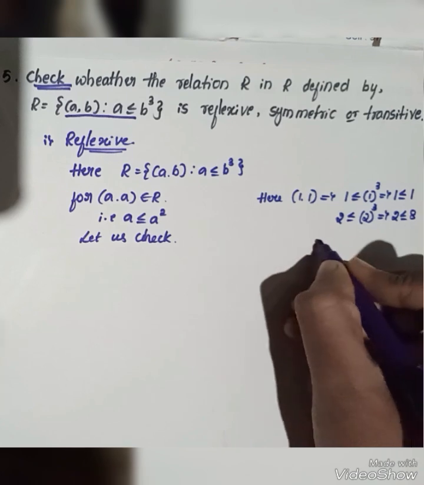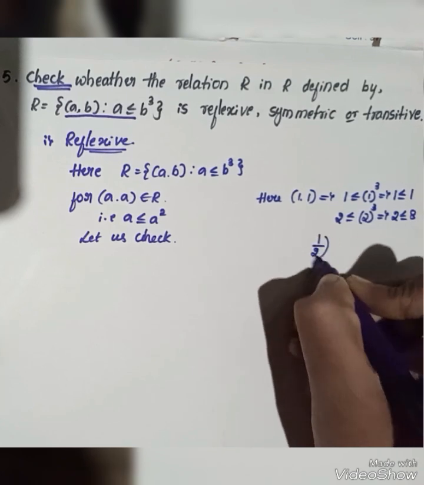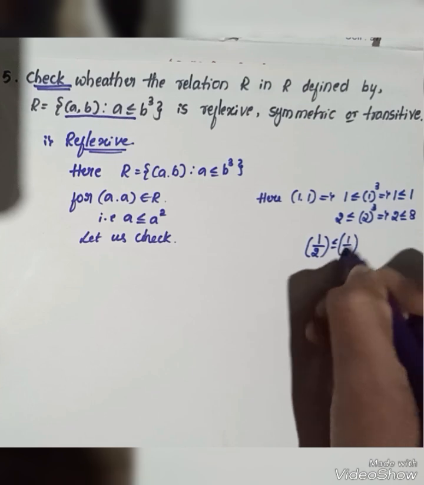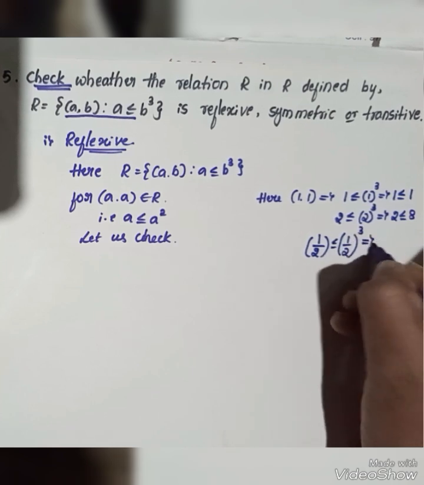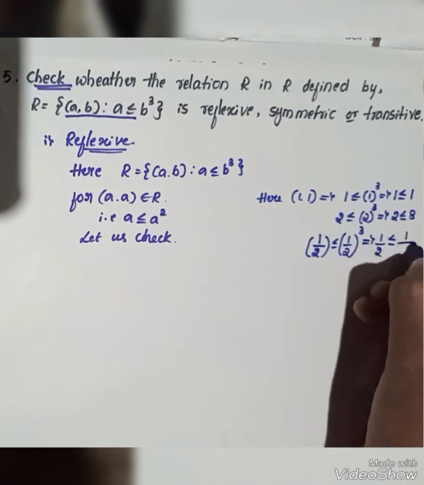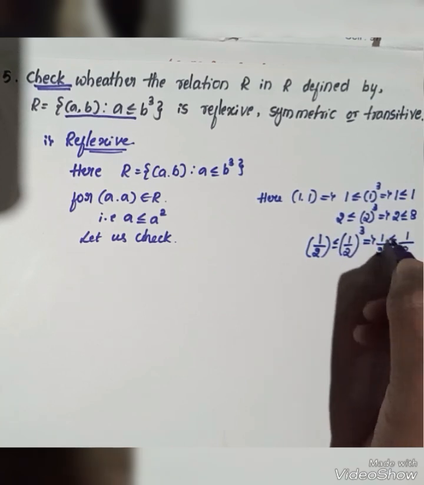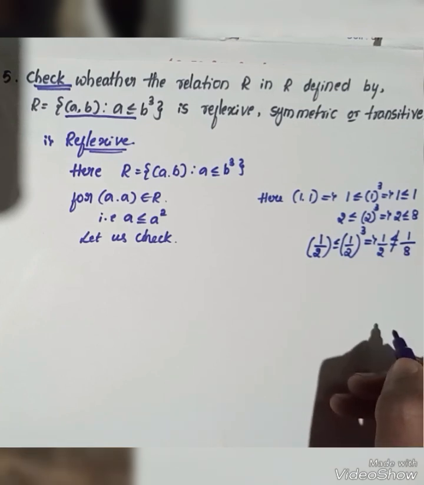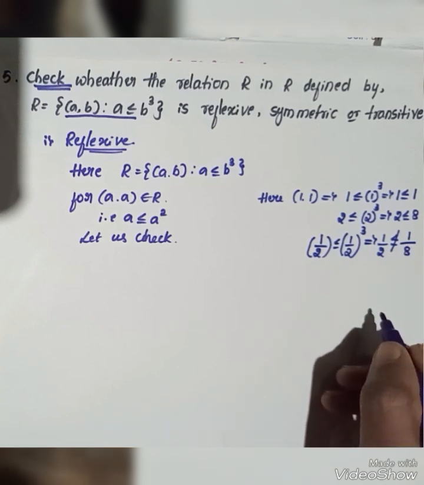Okay. While taking an example, 1 by 2 is less than or equal to (1 by 2) cube. Then 1 cube will be 1 and 2 cube will be 8. The condition is not satisfied because 1 by 2 is larger than 1 by 8.